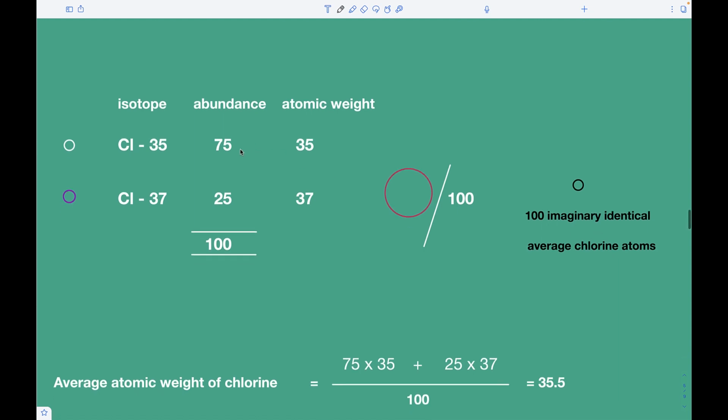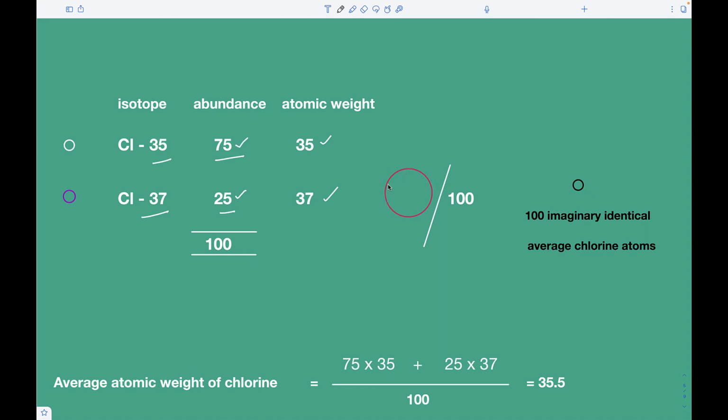Simple. This is the approximate isotopic composition of chlorine. Out of 100 chlorine atoms, there are 75 of this type and 25 of this type approximately. And these are the approximate atomic weights of these two isotopes of chlorine. Now imagine that you combined these 100 chlorine atoms into a big lump of mass.